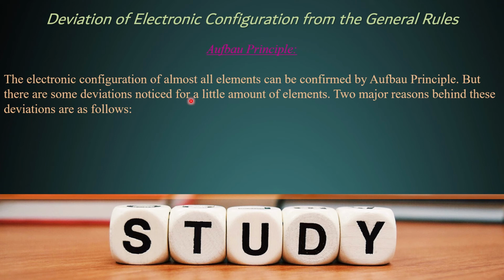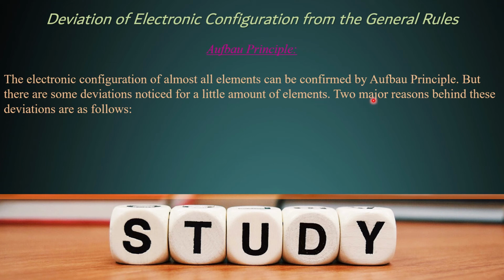The electronic configuration of almost all elements can be confirmed by the Aufbau principle, but some deviations are noticed for a small number of elements.